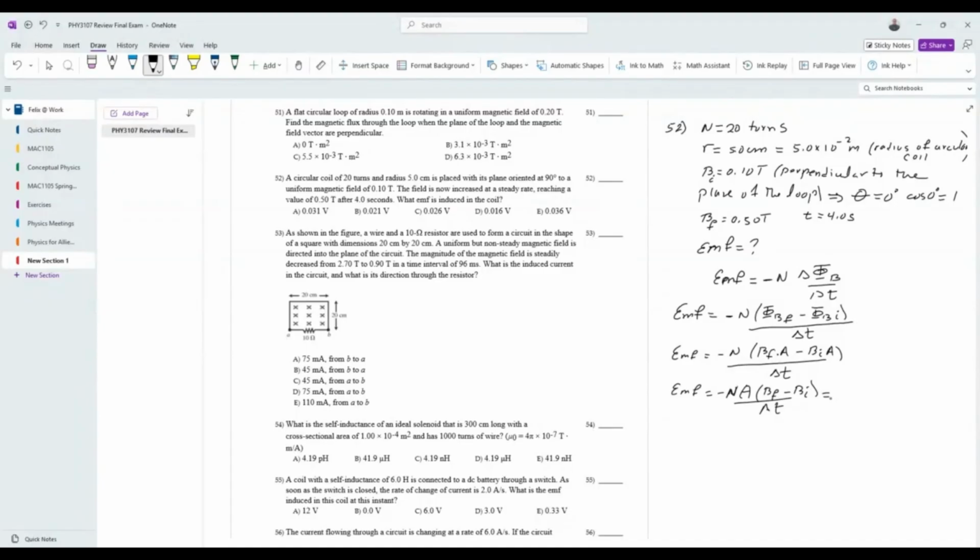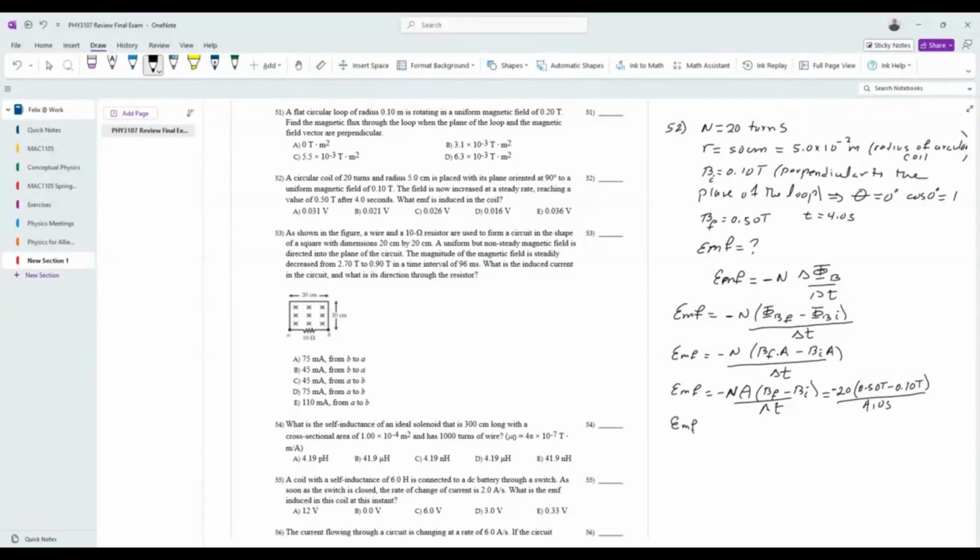Now we have 20 turns. So it's minus 20 times B final 0.50 Tesla minus B initial 0.10 Tesla, divided by the time that this change takes, which is just 4 seconds.